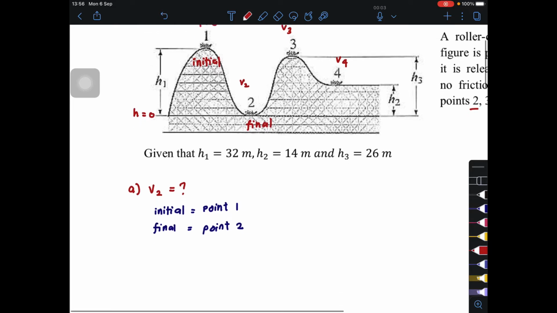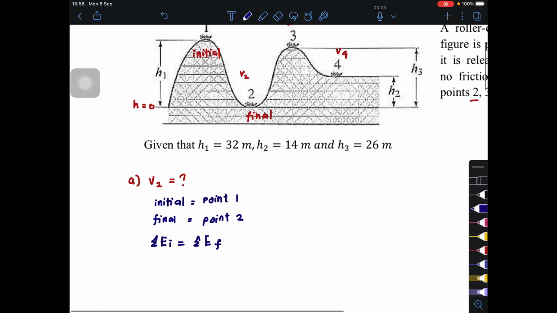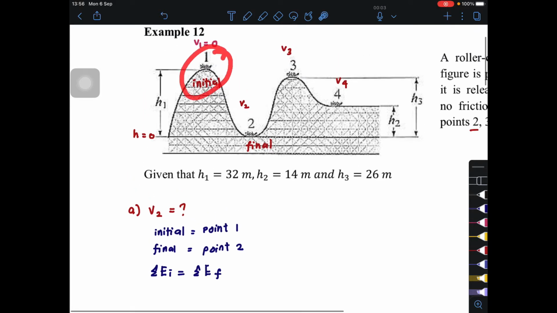Okay, now let's write down the principle of conservation of energy, where we have the sum of energy initial equal to the sum of energy final. Okay, dekat initial, what energy is involved? Since the velocity is equal to 0, we don't have kinetic energy.